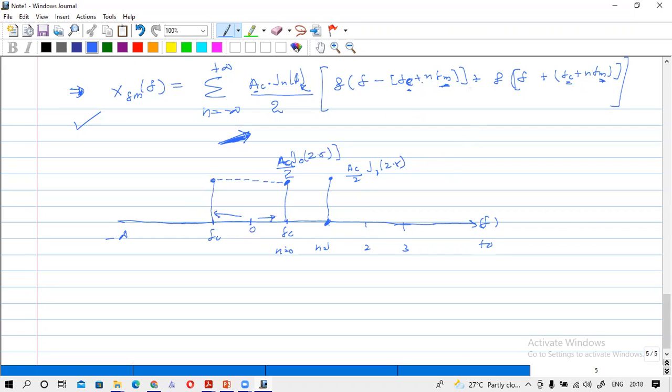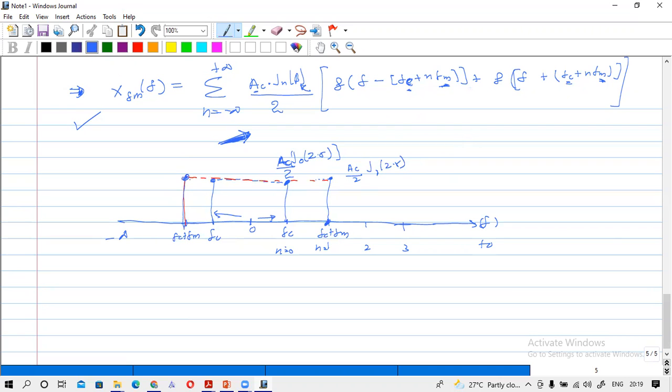It is f minus fc plus fm, so it is shifted to fc plus fm. In the same way, the minus side is also there, and you will get this value for that part also.